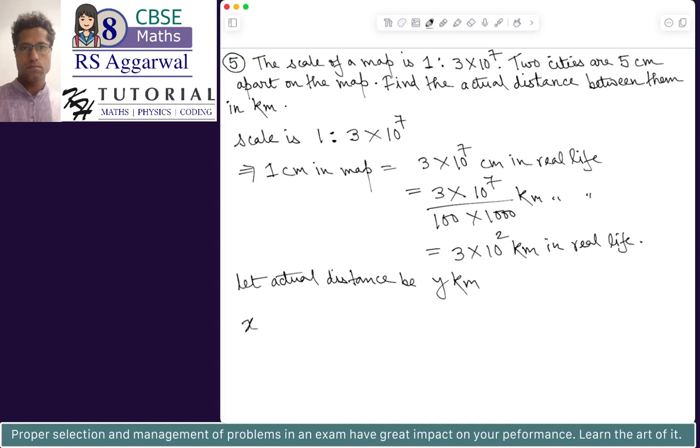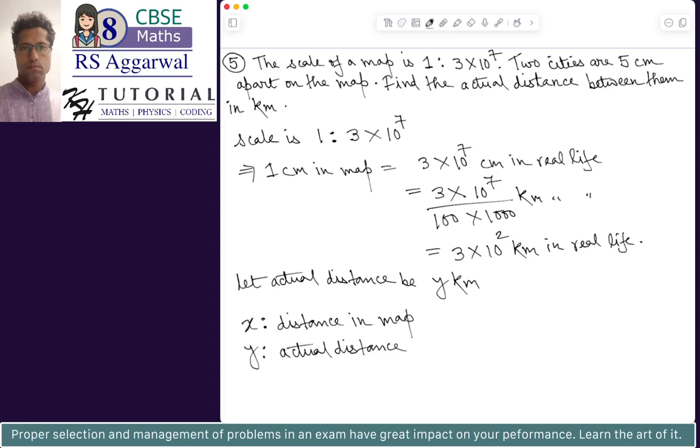So let's say the quantity x is the distance in map and the quantity y is the actual distance. The distance in map means the distance between two cities in the map.